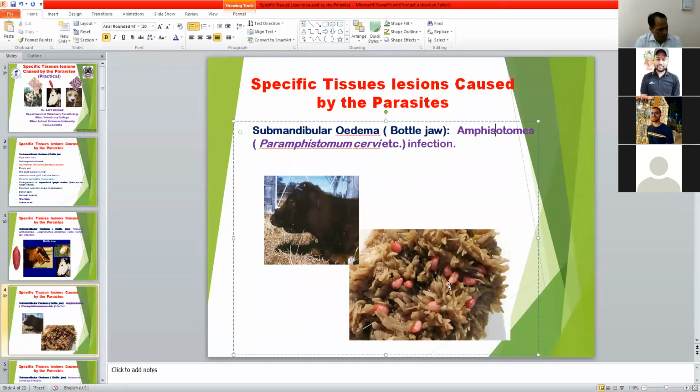that is plug feeder, that leads to erosion of mucosa, क्योंकि इसमें suckers होता है, both oral sucker and ventral sucker.